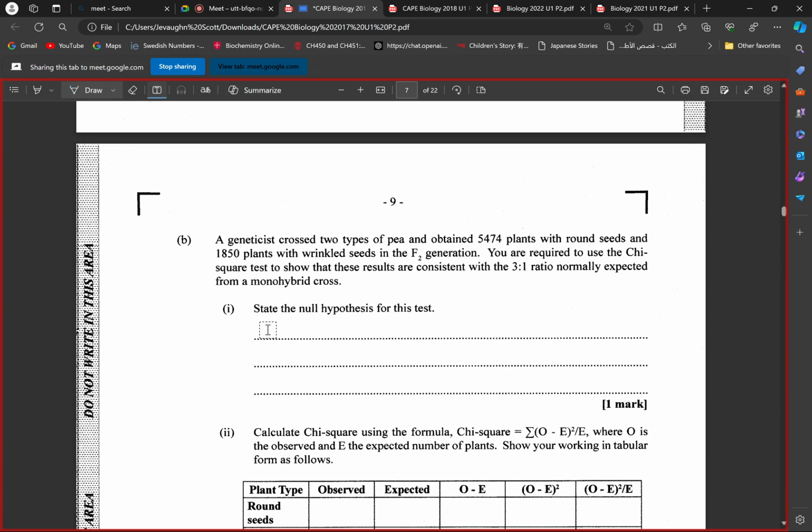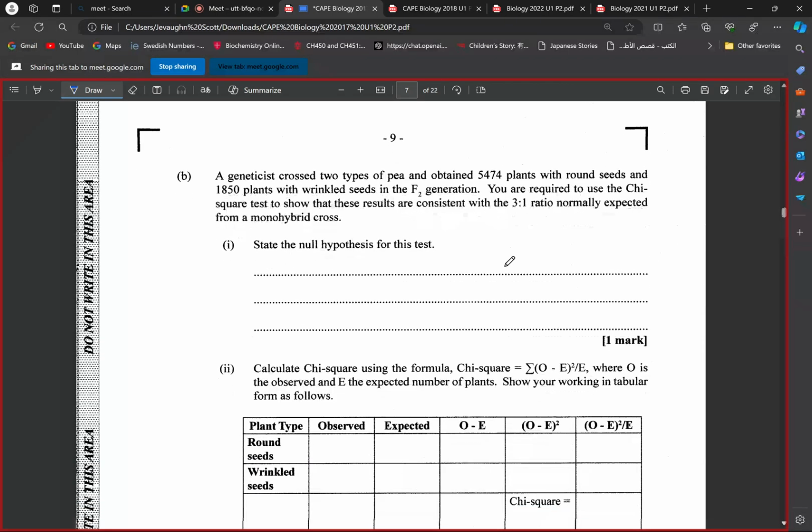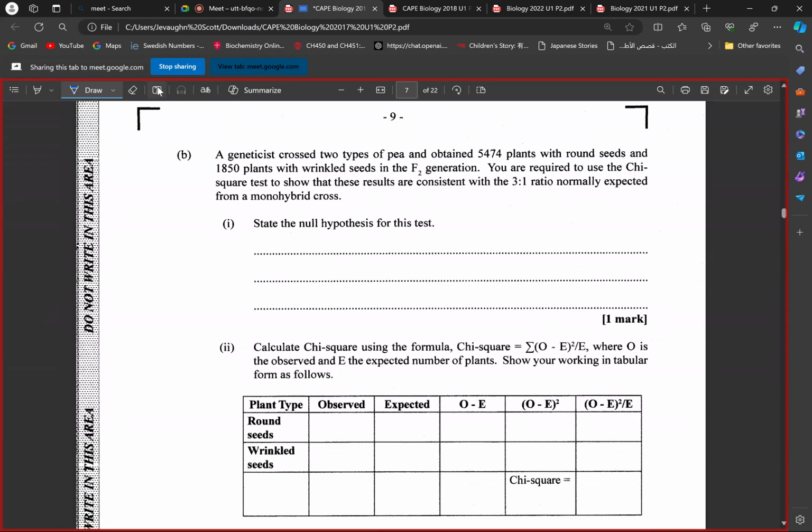The null hypothesis would state that there's no significant variation between the two alleles being expressed, and that any change would be due to chance.